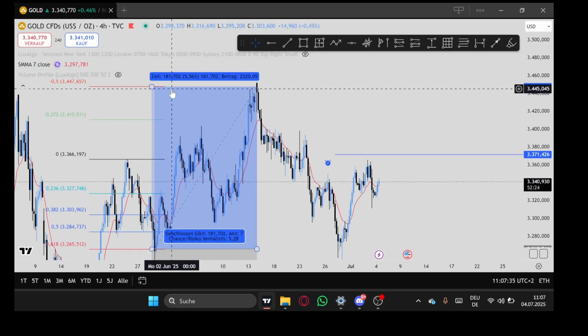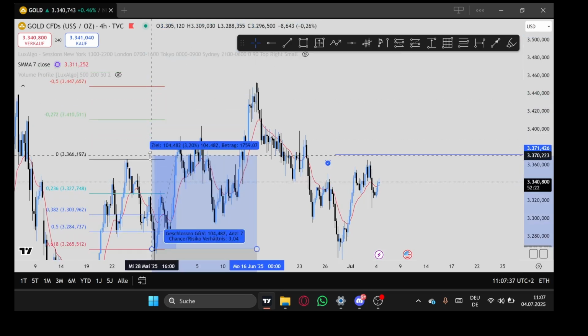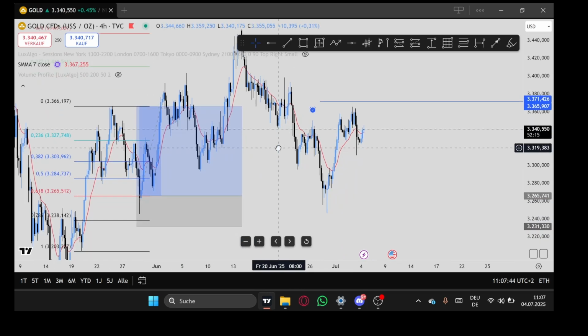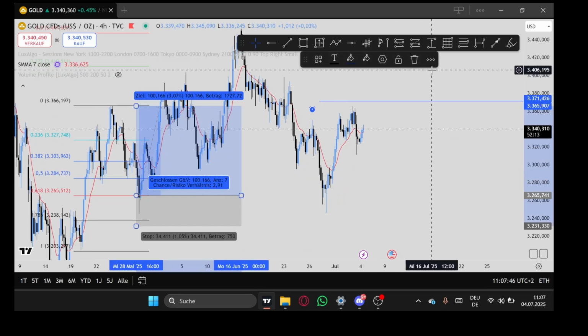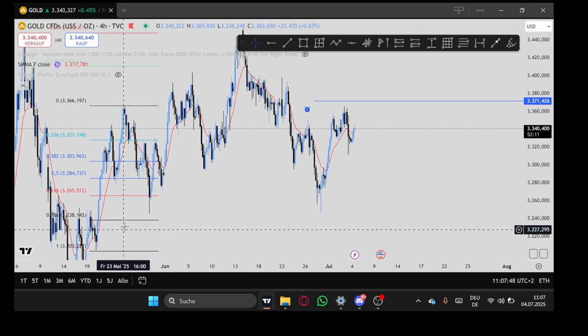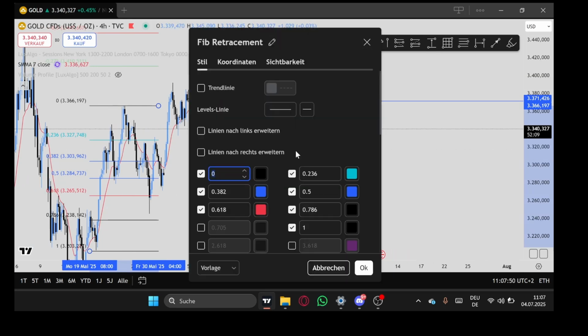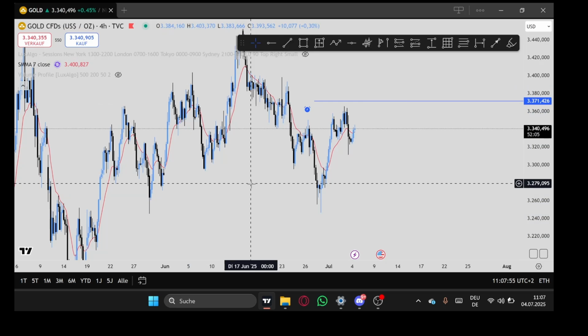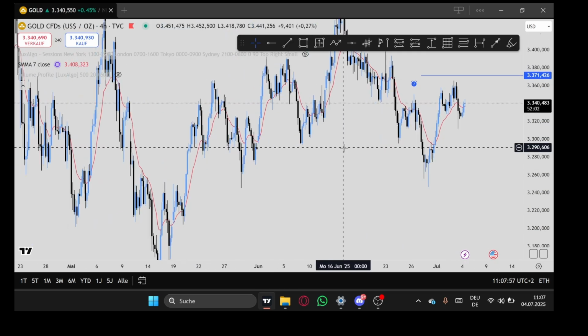But you would have been good with just going for the highs right here. Almost a 1 to 3 risk reward, which is fine because the goal is to make money, not to be greedy, okay? So this is one example.